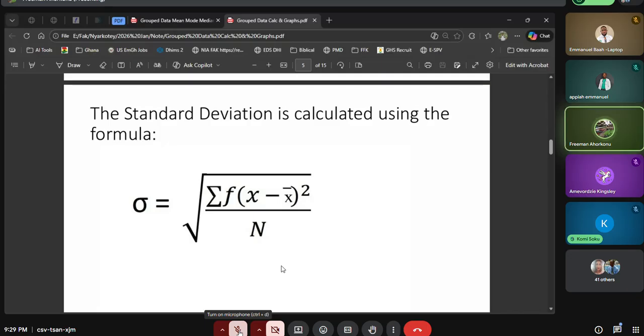We now have this data. This is kind of trying to summarize everything. We are talking about weights of the patients, which range from 20 to 29, 30 to 39, 40 to 49, 50 to 59, up to 80 to 89. The class boundaries: 20 minus 0.5 gives you 19.5, 29 plus 0.5 gives you 29.5.